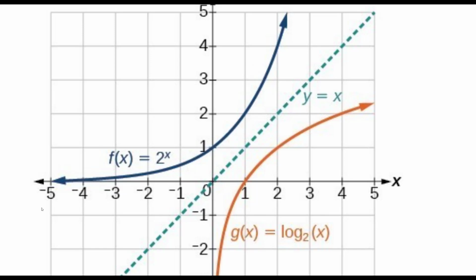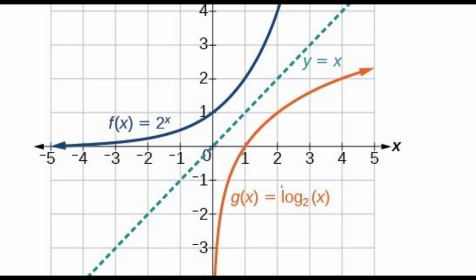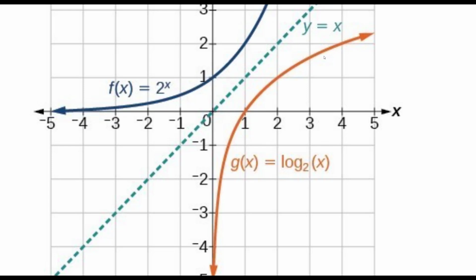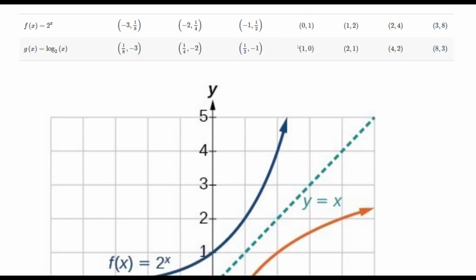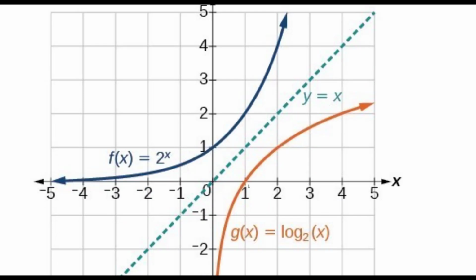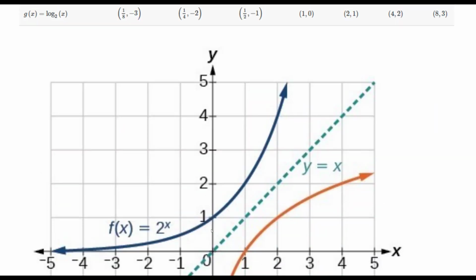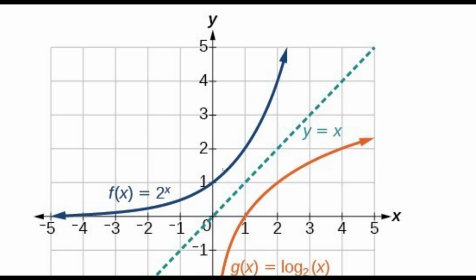So if we graph that original exponential function, you get the blue curve. And if we graph the logarithmic function, you get this orange curve. I just want to illustrate how it's reflected across the line y equals x. Some of those key values: x being 1 was y being 0 in the log curve, and in the other curve, x being 0 is y being 1.